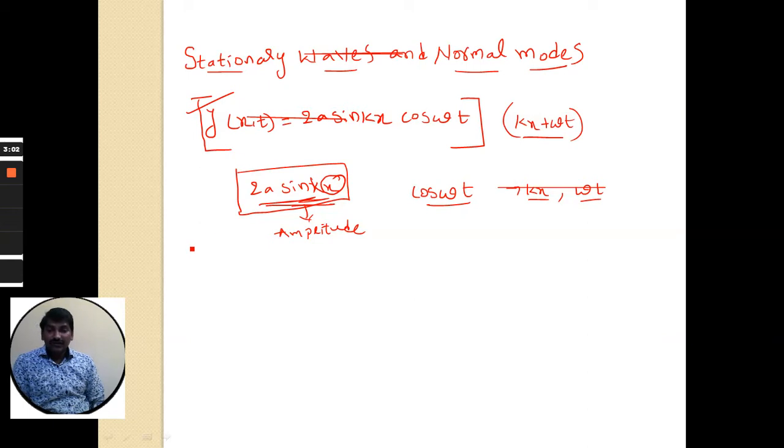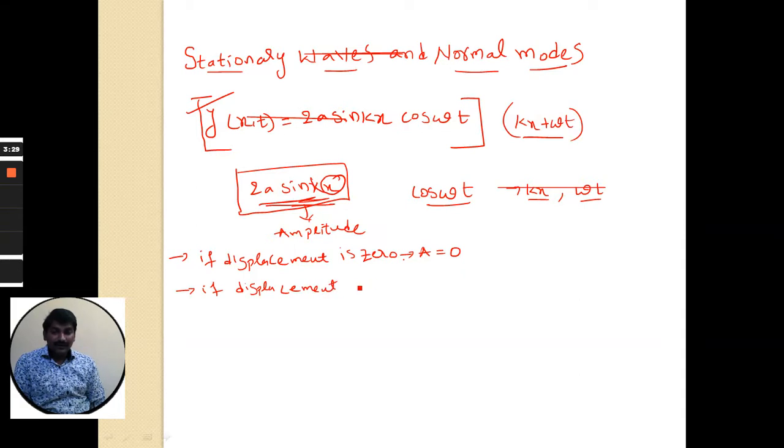Usually we know that if the displacement of the particle is zero, then the amplitude is zero. If the displacement of the particle is maximum, then we can say that the amplitude is maximum.